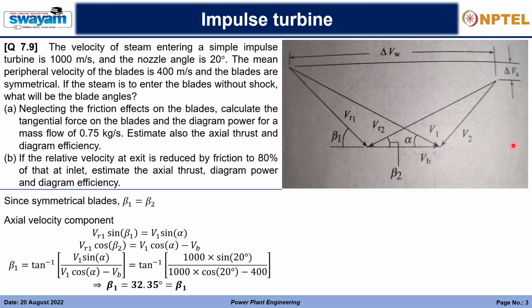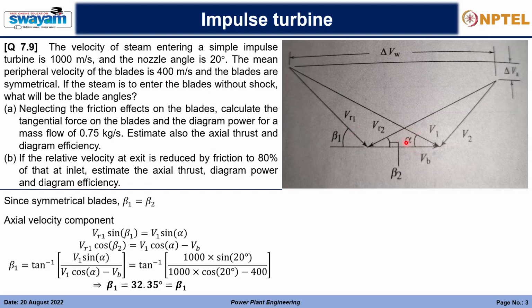So that is why the relative velocity will be somewhat less than v1, right? So we will have to retrace it back to this particular point, and the second line will be the relative velocity vr1. So v1 is the actual velocity, meaning what we are supplying to the blade. vr1 is the relative velocity, considering the movement of the blade also.